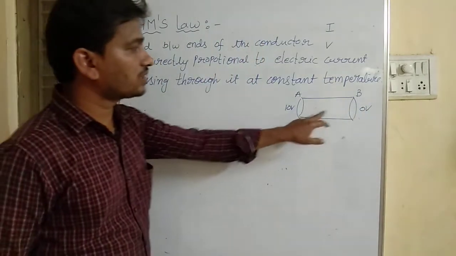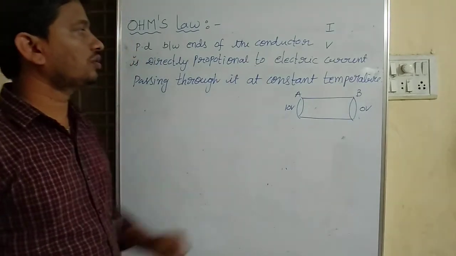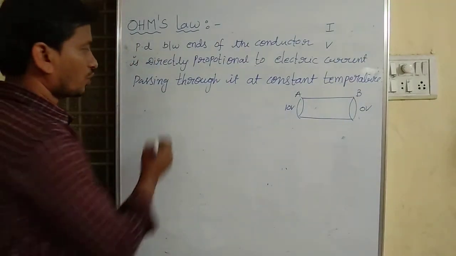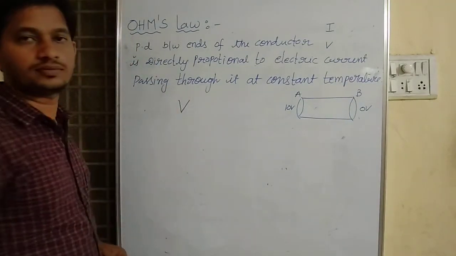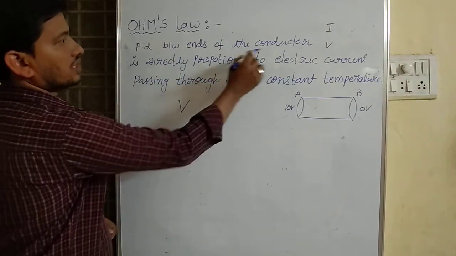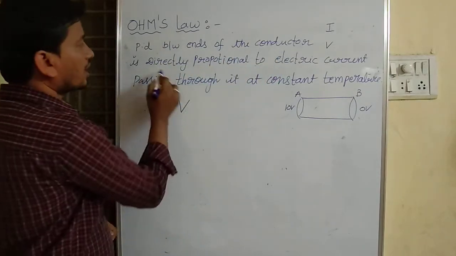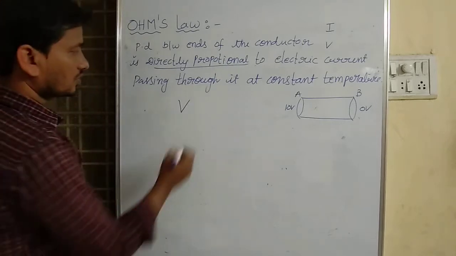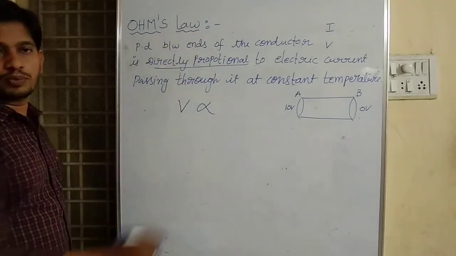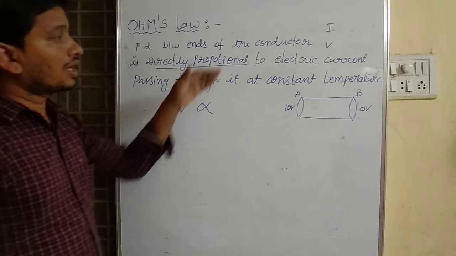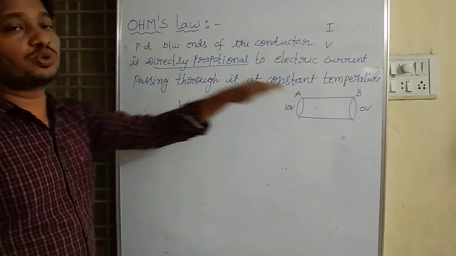Potential difference between ends of the conductor is directly proportional to electric current passing through it.